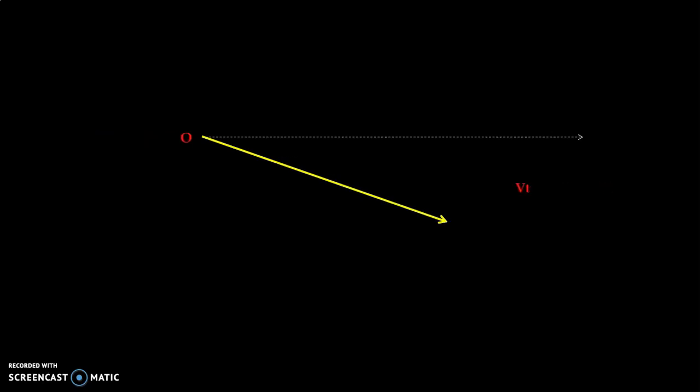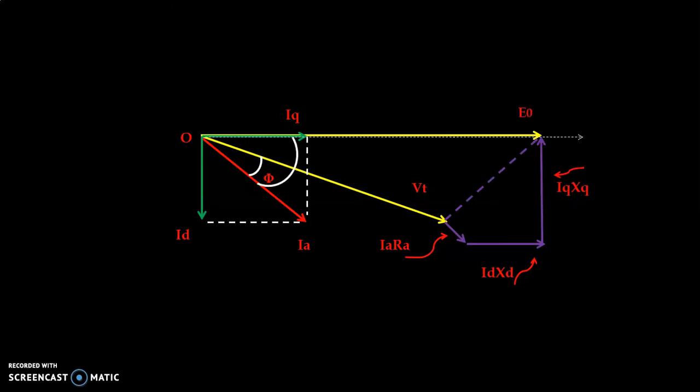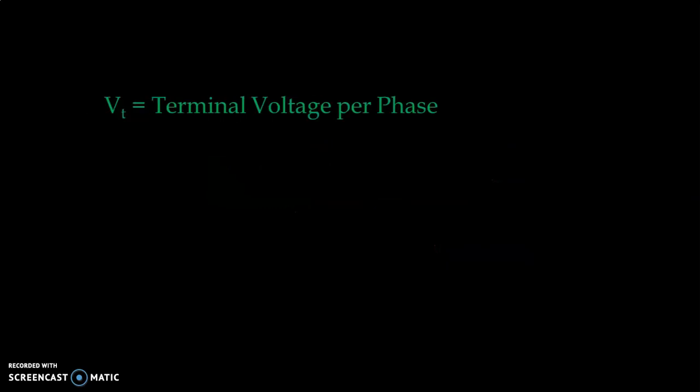So let us quickly revise how to draw our phasor diagram for the salient pole type of rotor machine. Terminal voltage, armature current, ID and IQ, IAR drop, IDXD drop, IQXQ drop, and no load EMF, that is EO, angle psi and power angle delta.